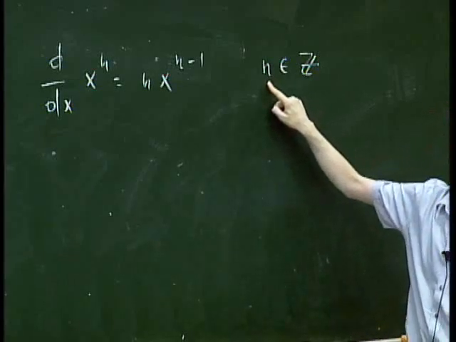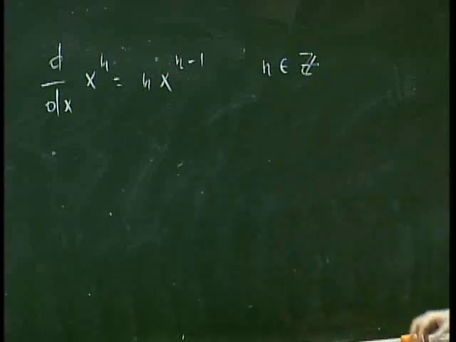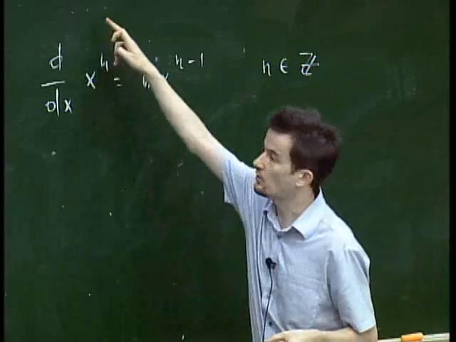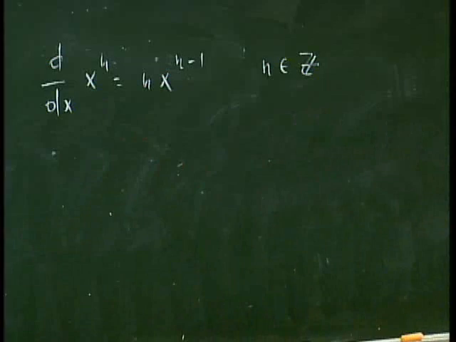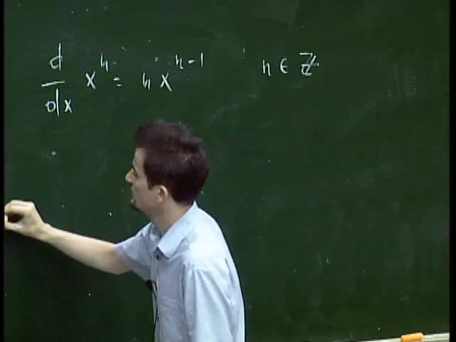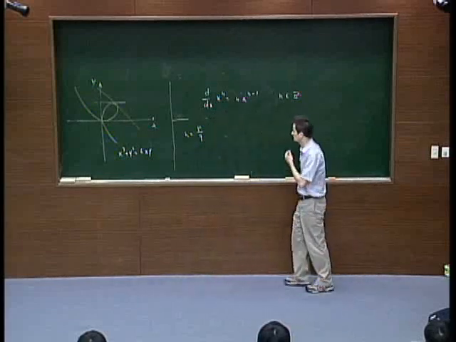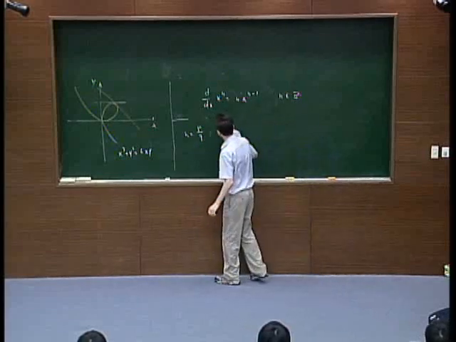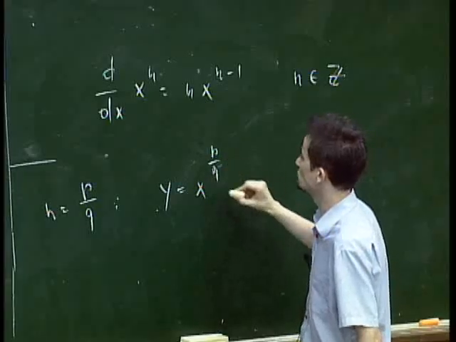To remind you, the case where n is larger than 0 is quite easy. Here you use the binomial theorem, and for n smaller than 0, you write this as 1 over x to the minus n, and you use the quotient rule. Now, if you, for instance, want to handle the case where n is a fraction, we look at the function y is equal to x to the p over q.